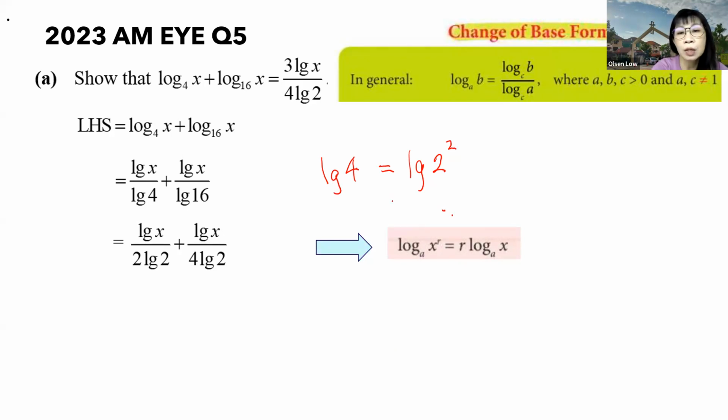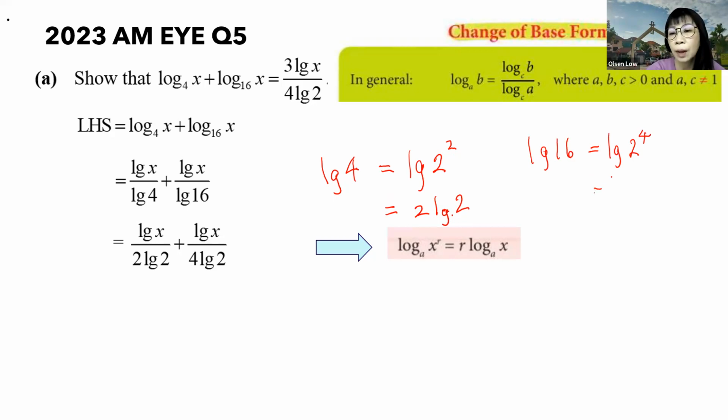If I apply the third law of logarithm, the power law, I bring down the 2, and therefore I have 2 log 2. Similarly, I can rewrite 16 as 2 to the power of 4, because 2 to the power of 4 is the same as 16.